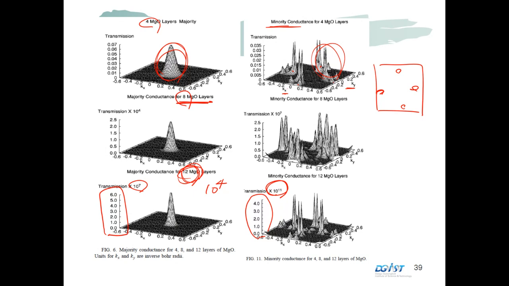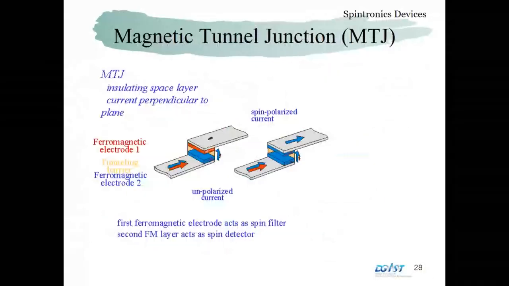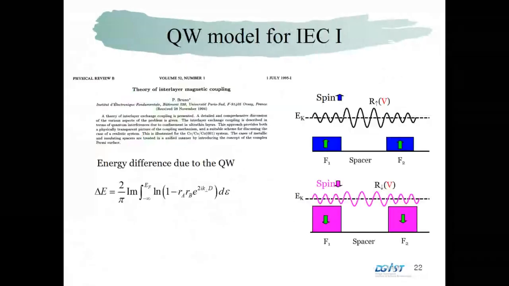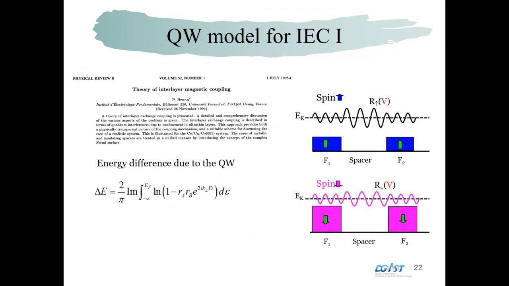Okay, good question. For the RKKY interaction, we need conduction electrons. The basis of the RKKY interaction is that there are conduction electrons, and also in the spin quantum well model, we need conduction electrons. In an insulator layer we have such an effect, but it is much smaller than in conducting materials.